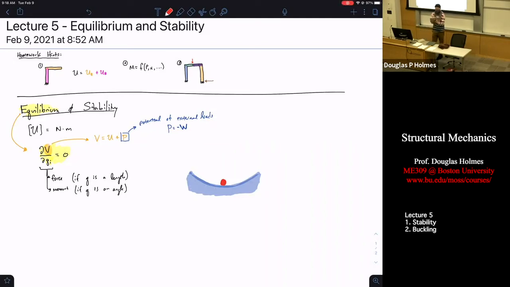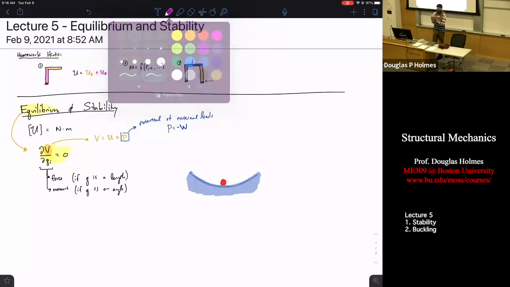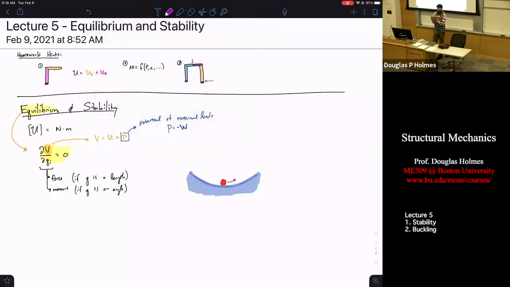What that means is, take that ball, poke it a little bit by a displacement delta, and ask what happens. Once you poke it and move your finger away, it's going to slide back down, oscillate around here, and eventually come back to a stop exactly where it started. This is what is referred to as stable equilibrium.